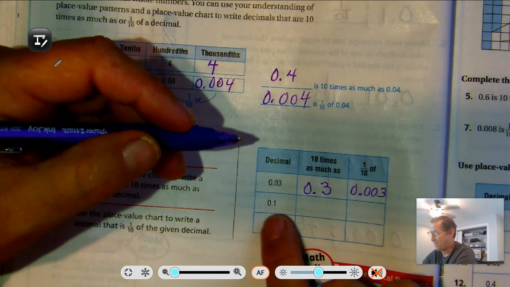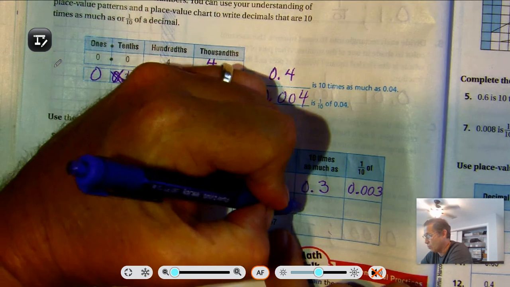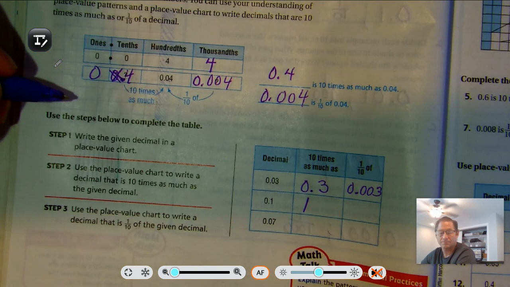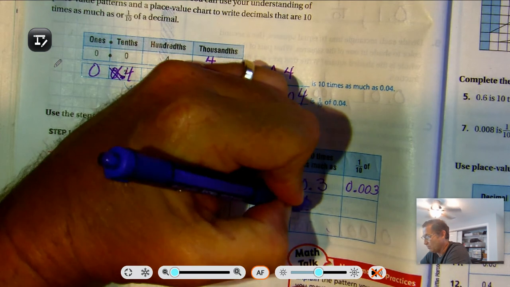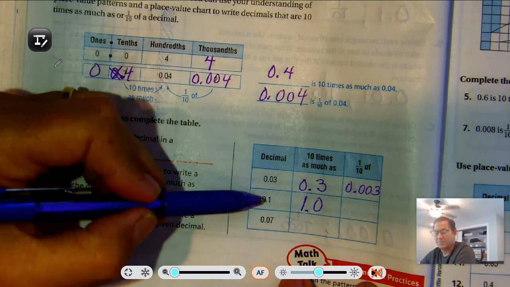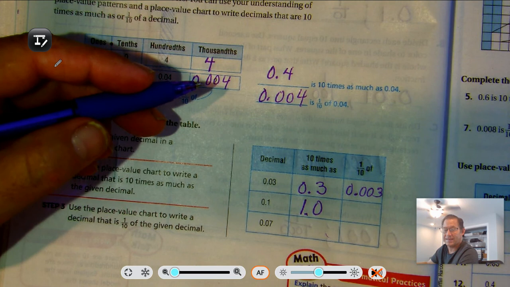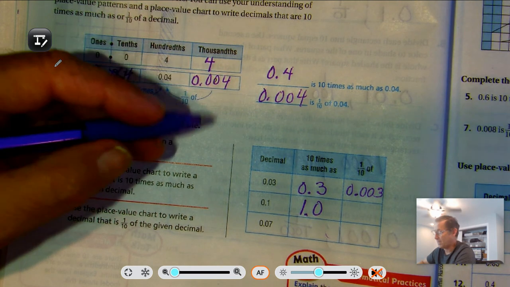Okay, if you had 10 times as much as a tenth, that would be 1 whole. So we could say 1 or 1.0. What would be 1/10 as big as 1/10? Well, what's 10 times tenths? Hundredths.